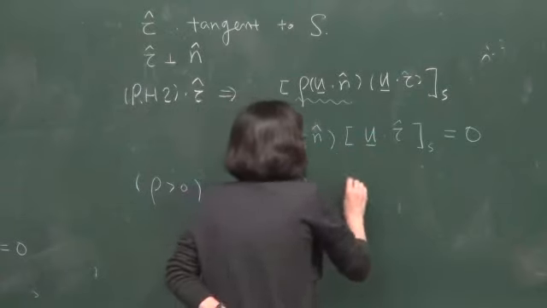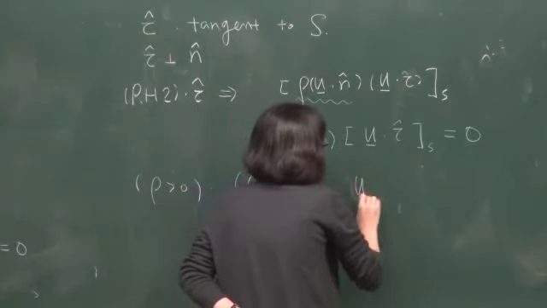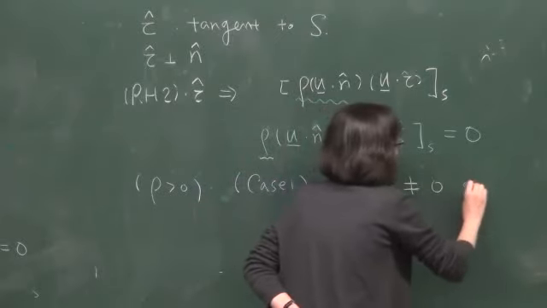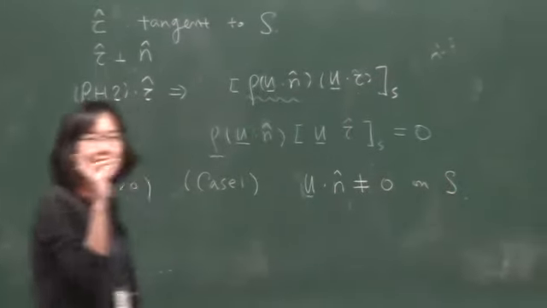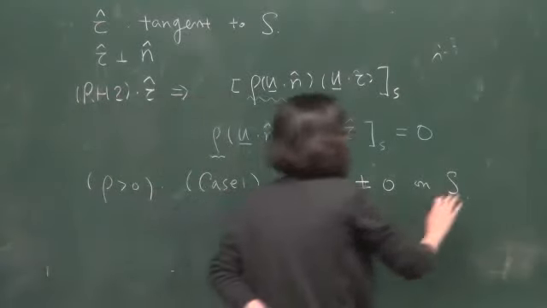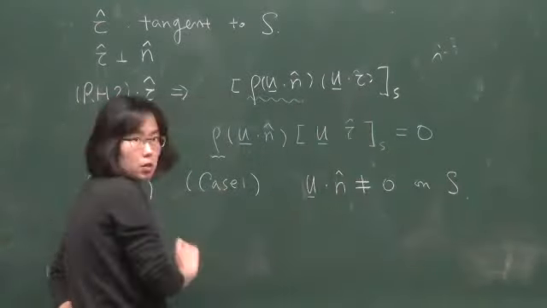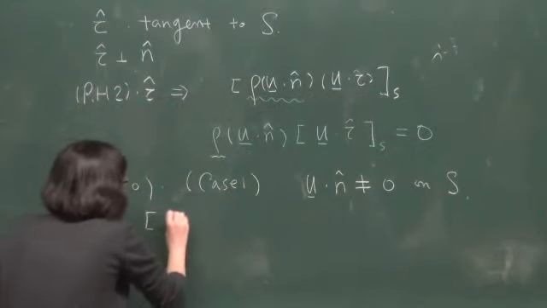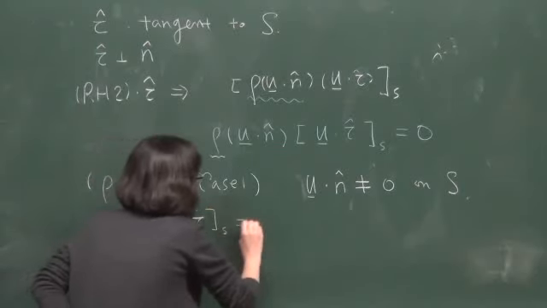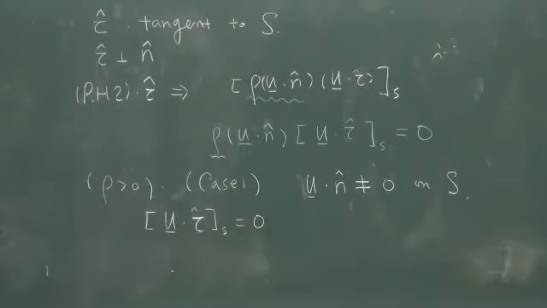So I will assume that if this normal component is not 0 on the discontinuity S, then what happens? Then this guy must be 0, right? So we have tangential component to be 0, right, on this discontinuity.